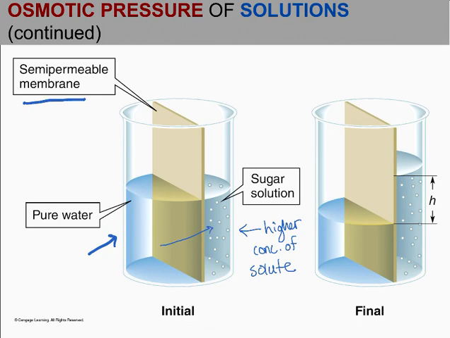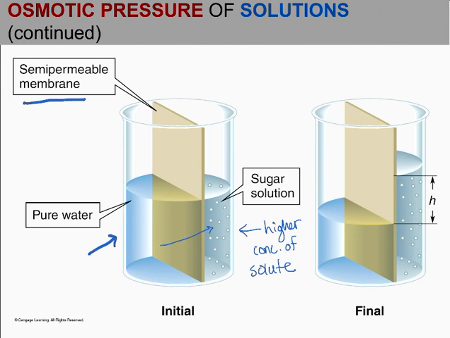Systems typically want to act in a way where we're diluting something that's at higher concentration. So that's osmosis. Eventually we'll reach a point where water stops flowing because we've reached our osmotic pressure. However, let's say we don't want solution to flow to the other side.